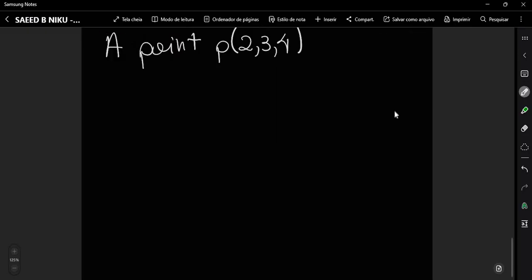So at this point, you are able to draw just by reading the context. It's very easy.